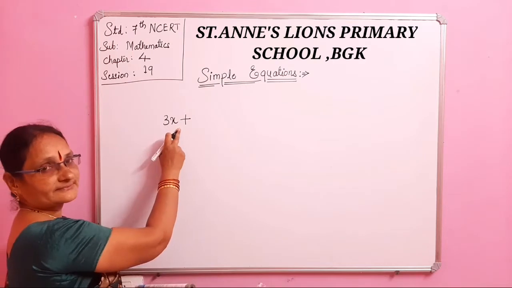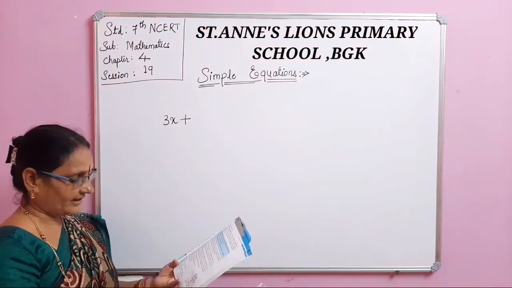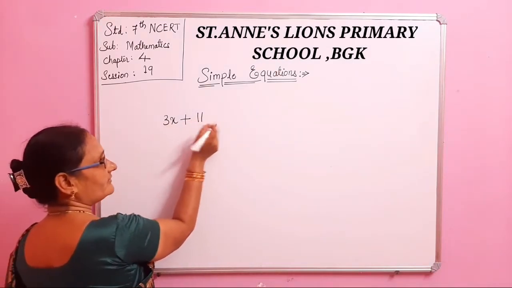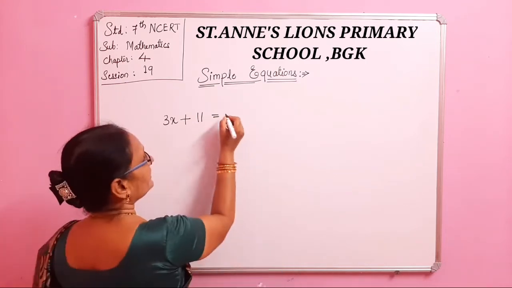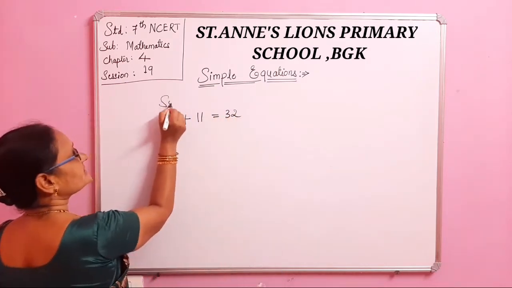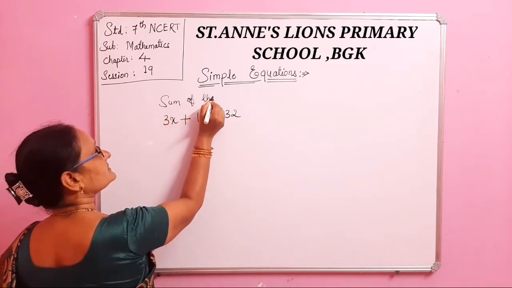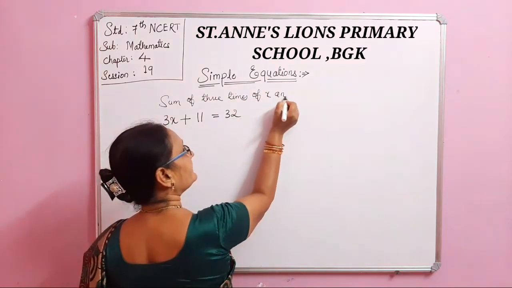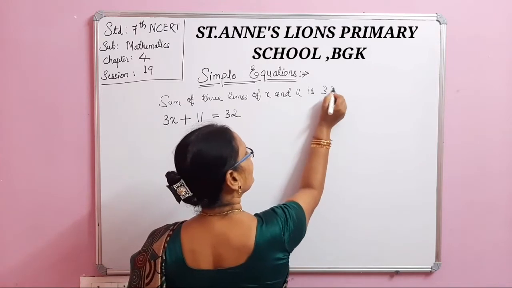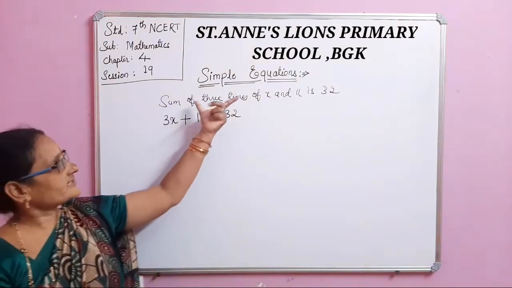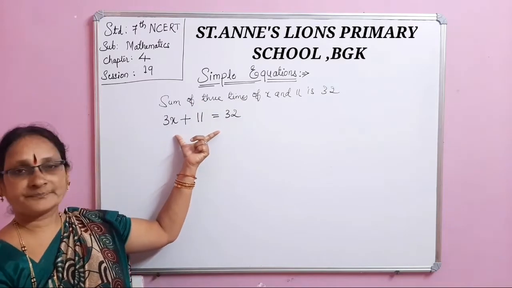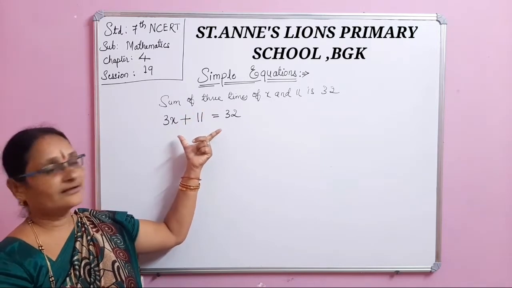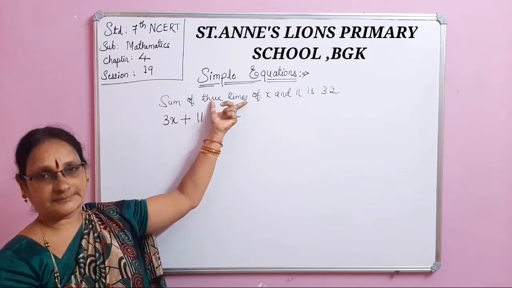The sum of 3 times x and 11 is equal to 32. That was the statement. For this statement, I have written the equation. This is the method of writing the equation for the given statement.